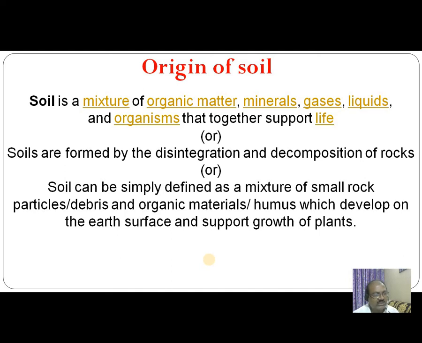Otherwise, soils can be defined simply as a mixture of small rock particles or debris and organic materials along with humus which develop on their surface and support growth of plants. So this is how soil is defined.